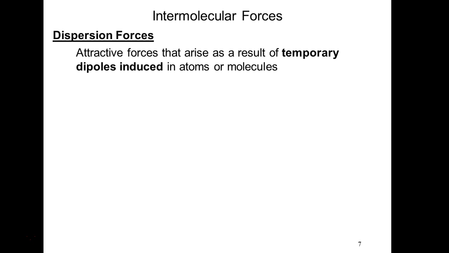Another type of intermolecular force is a dispersion force. Now, a dispersion force can be felt between molecules that are nonpolar. Molecules that are nonpolar can have what's called temporarily, with emphasis on the word temporarily, induced dipoles. So something that is normally not a dipole can have temporarily induced dipoles.